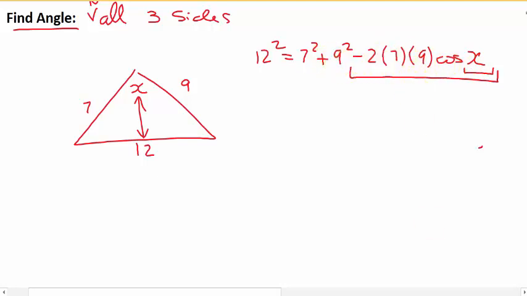Okay? So I like to, I guess students found this easier, so I'll do it this way. Just move this whole thing over to that side, with the 12. And then move the 12 over to this side. Right?